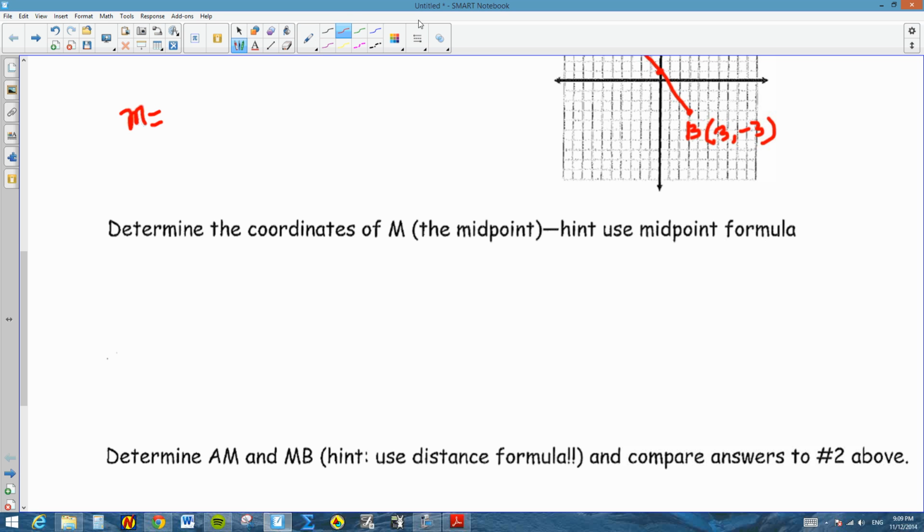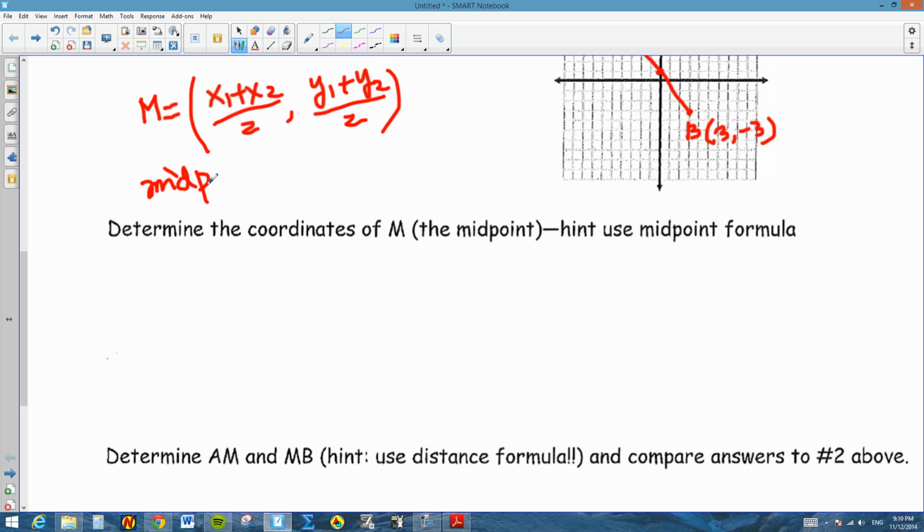Normally we use a letter like N to represent a point, because we use uppercase letters to name points. So M equals (x1 plus x2 divided by 2, y1 plus y2 divided by 2). That's the midpoint formula.